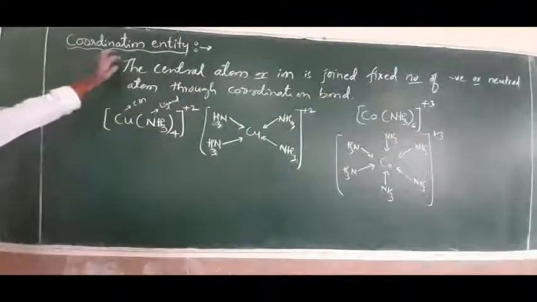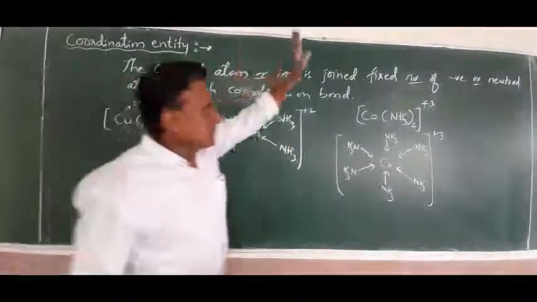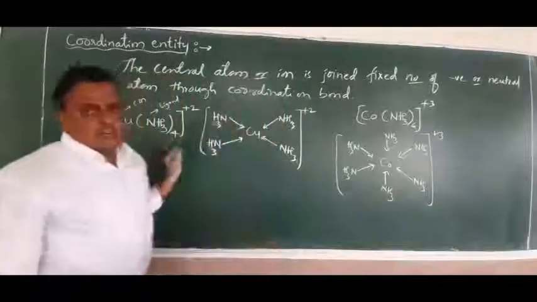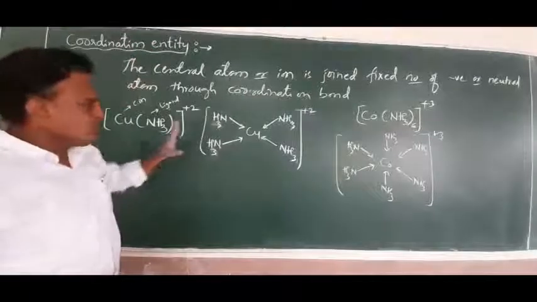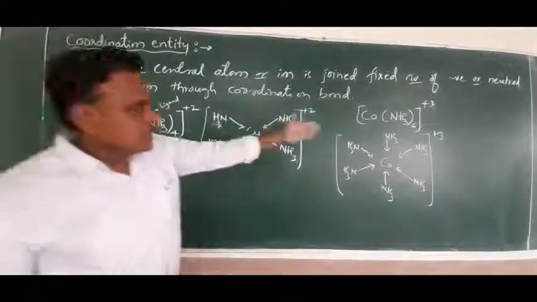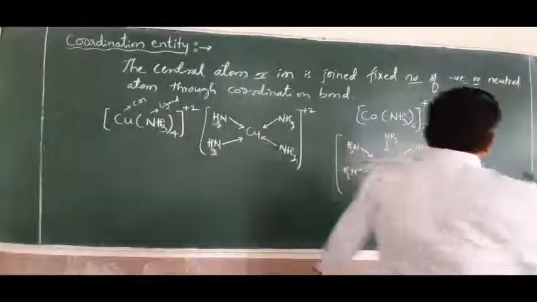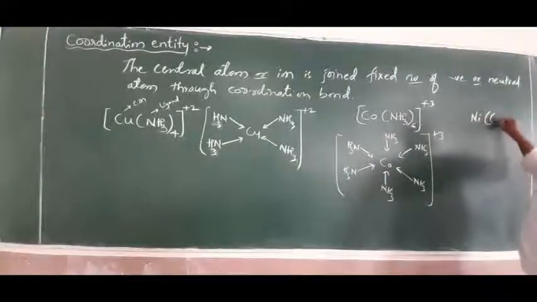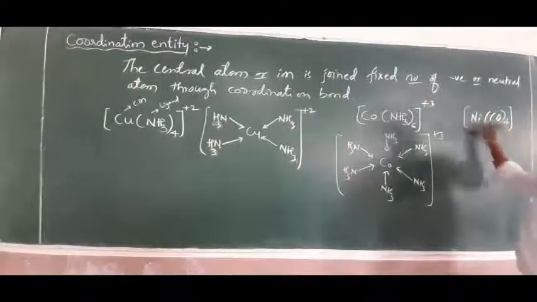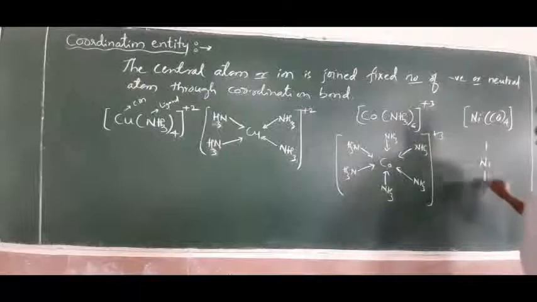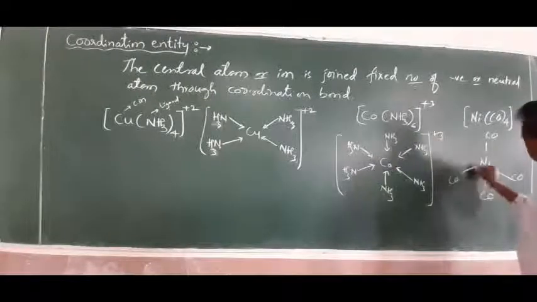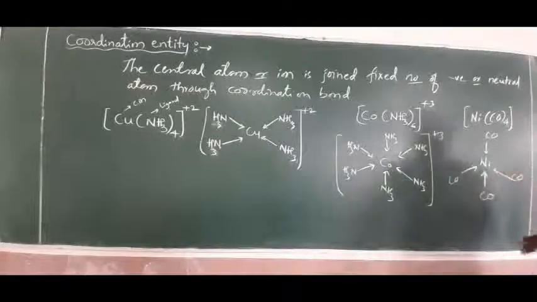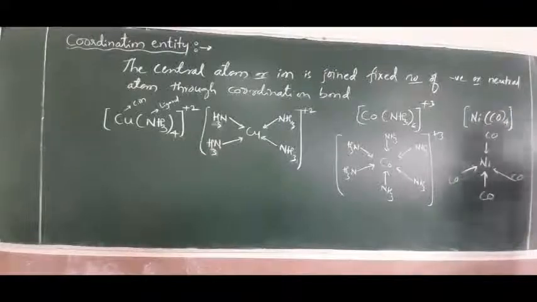Coordination entity means the central metal holds a fixed number of negative or neutral ligands. This one is square planar, this is your octahedral. If you want to know about nickel, Ni(CO)4, this is tetracarbonyl nickel. The nickel is surrounded by four carbonyls in a tetrahedral arrangement. So this is a very simple coordination entity in our syllabus.